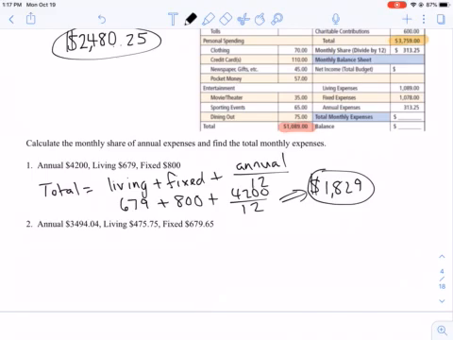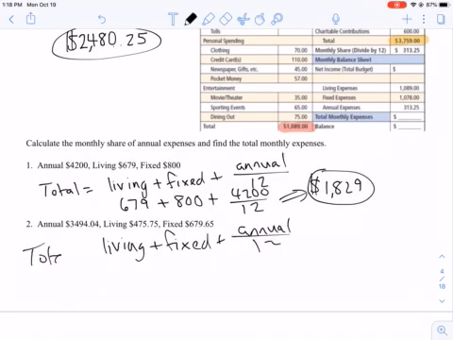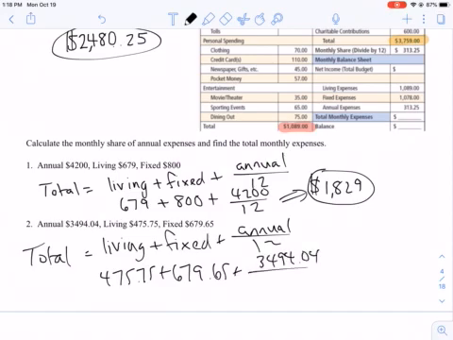Let's look at just one more. Remember, it's living plus fixed plus annual divided by 12. And that tells us our total. So living is $475.75, fixed is $679.65, and our annual is $3,494.04 divided by 12.